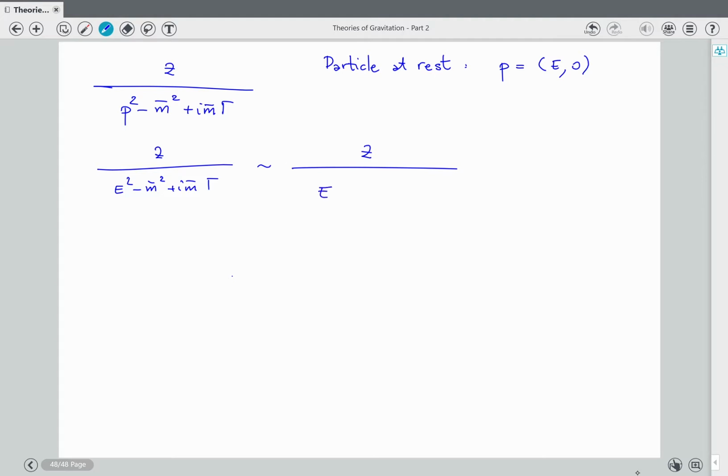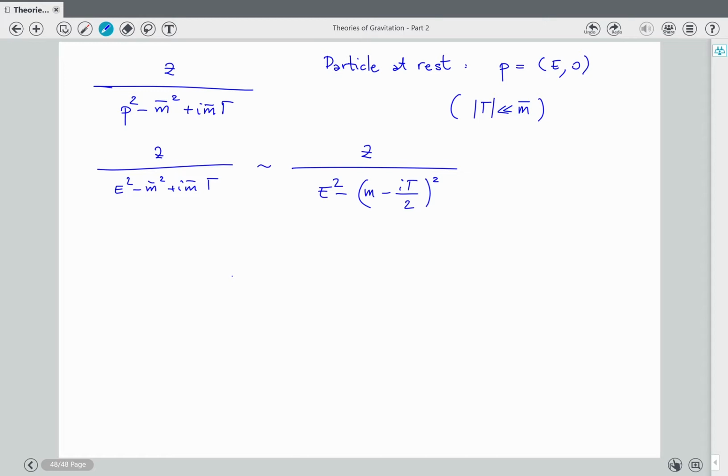Or you can also write it like this, for gamma much smaller than the mass. Gamma is originated by the radiative corrections, the bubble diagram, and so it is perturbative if you want. But when we are resumming the geometric series, we are already beyond the perturbative regime.